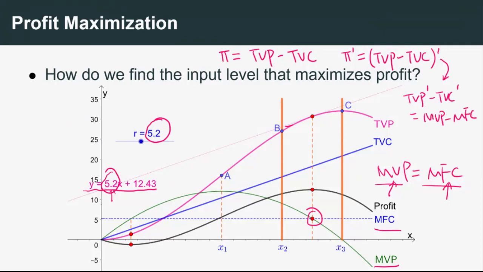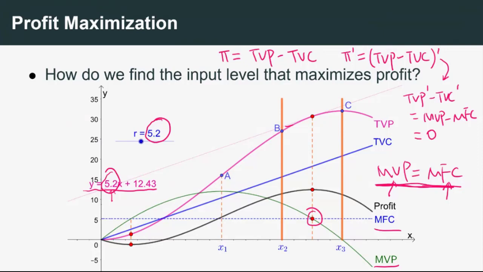So if we want to find a maximum or minimum point of a function, we have to set the first derivative equal to 0. So if we set this equal to 0, we can find the condition is MVP equals MFC. So that is the first condition.